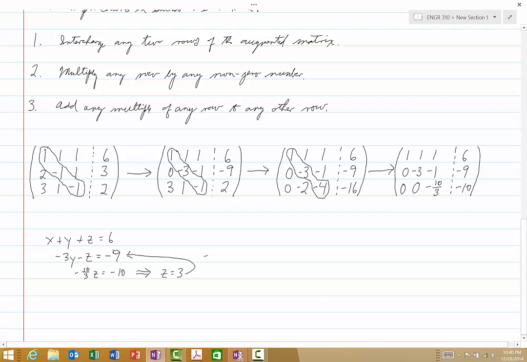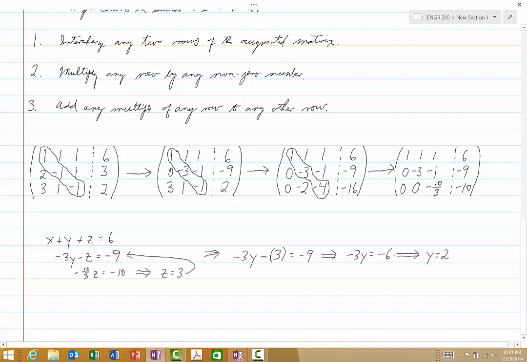So now that we stick that value of z in, we'll get negative 3y minus, and now we substitute for z, we substitute 3, and that gives negative 9. And that implies that negative 3y is equal to, when we add 3 to both sides, negative 6. And that implies that y is equal to 2.